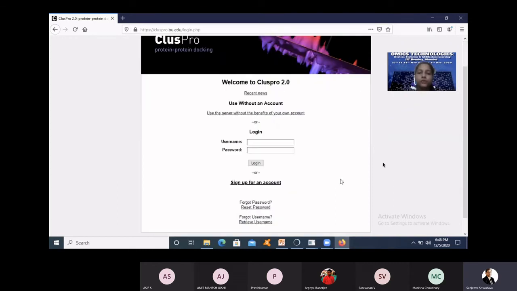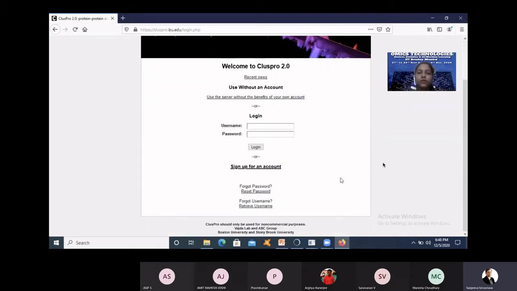We have two options. Either we can open our own account and log in, so that we can trace back all the docking studies that we have done using ClusPro, or we can opt to use ClusPro without an account.